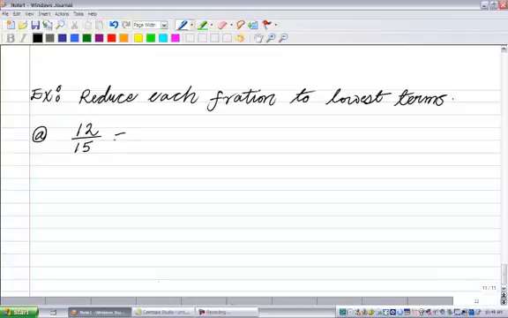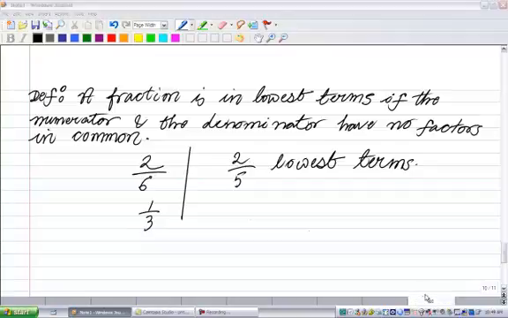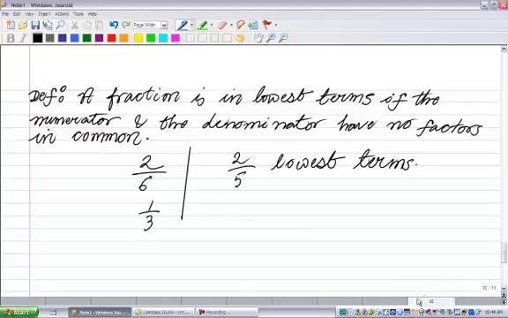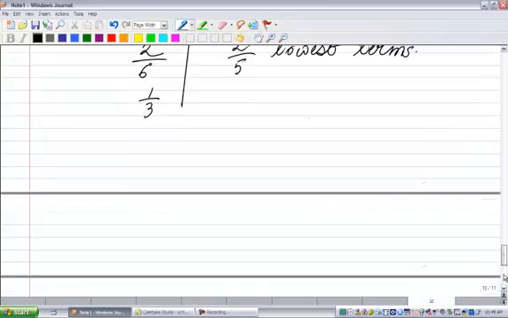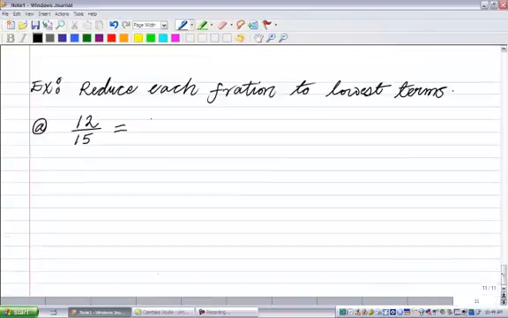Well, I should get rid of all the possible factors of the numerator and the denominator. Now, the best way of doing that is to write each number as a product of primes, okay? So 12 is the same as 2 times 2 times 3, right?